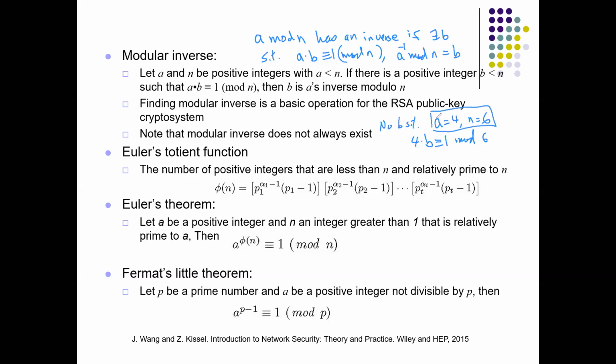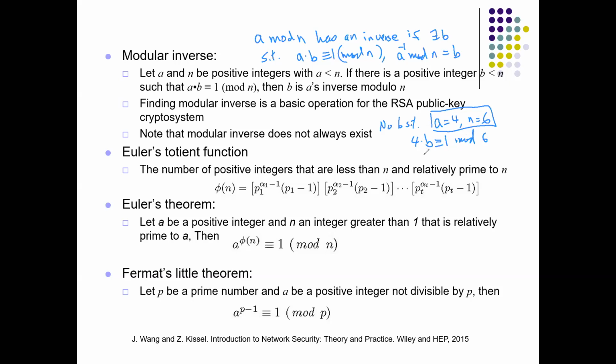So you can try, say, B. If B is 1, it's not true, right? Because 4 mod 6 is 4, and B is equal to 2, and 2 times 4 is 8. 8 mod 6 is also 2, and then B is equal to 3, and 3 times 4 is 12, and 12 mod 6 is 0, that's not 1.